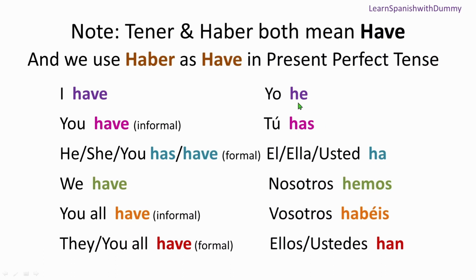Okay, so they all are coming from the verb haber. They are the conjugation of haber, present conjugation. We have is nosotros hemos. Hemos. Okay, you all have, the informal one is vosotros habéis. Habéis. They and you all have, the formal one, ellos, ustedes, han.